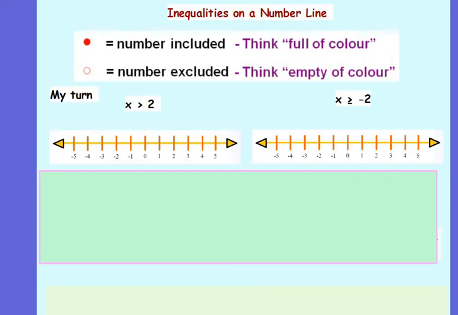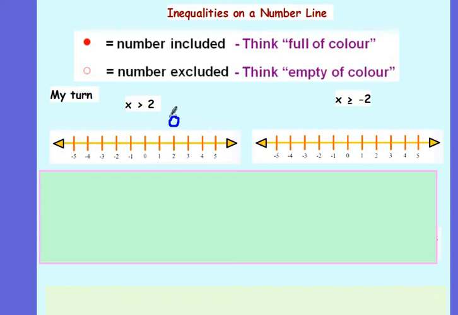We're not including it. So if I've got the inequality x is greater than 2, I know I need to put my dot on the number 2. I know that x cannot be equal to 2 because I haven't got that little underline symbol.